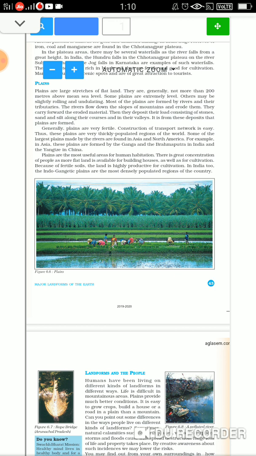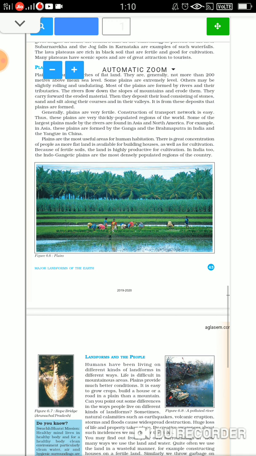They are also very important areas because of human habitation, and people prefer to live here because the land is flat, so they can easily build their houses and do cultivation. The soil is also fertile, a highly productive area for cultivation. The Indo-Gangetic plains are the most densely populated region of our country.